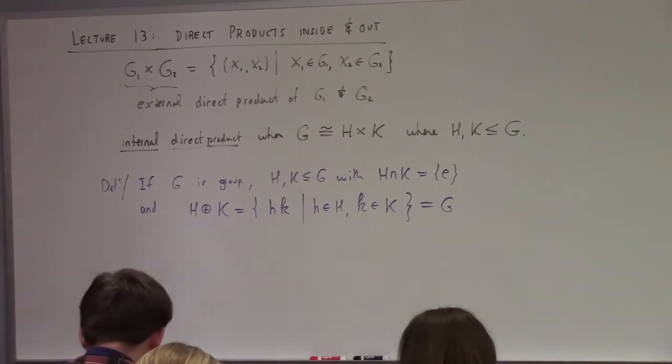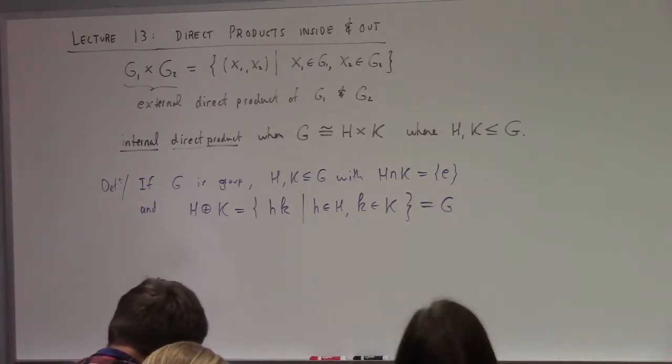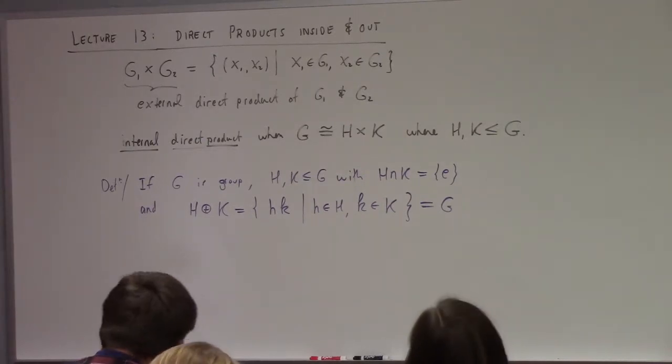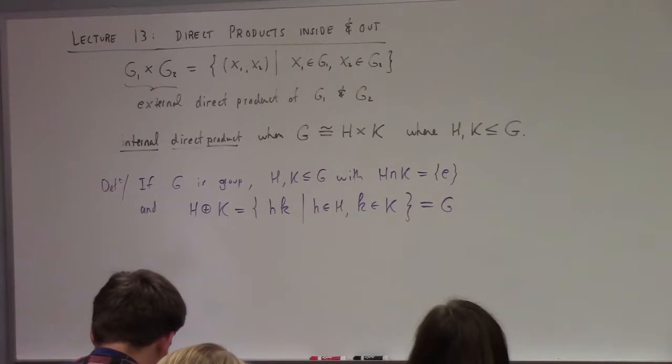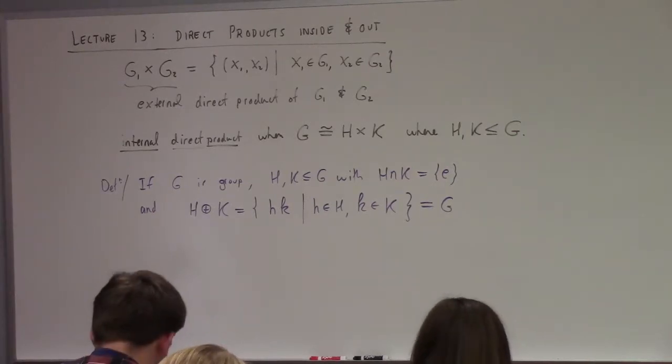So if we have a group, if we have a pair of subgroups H and K, they intersect at the identity, and I think there's a typo here actually. Well, that's fine.